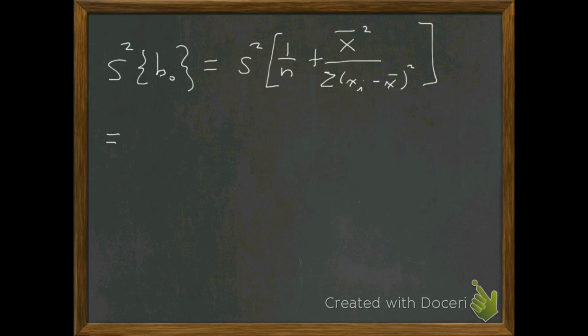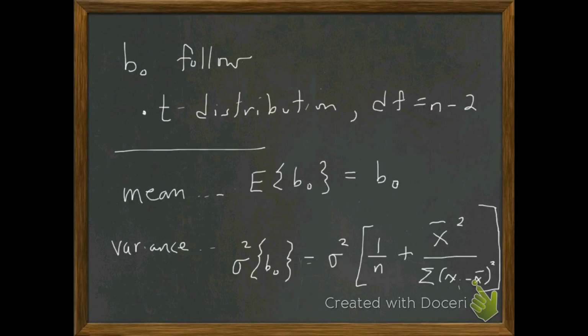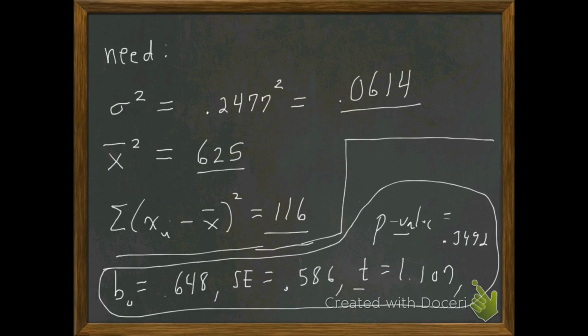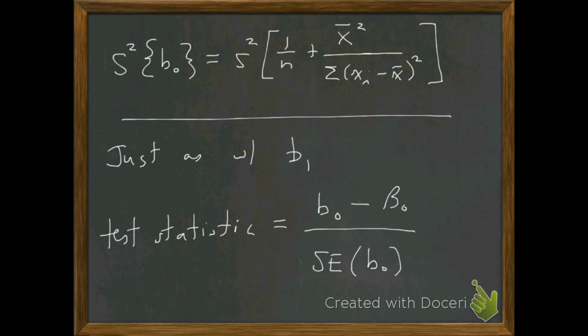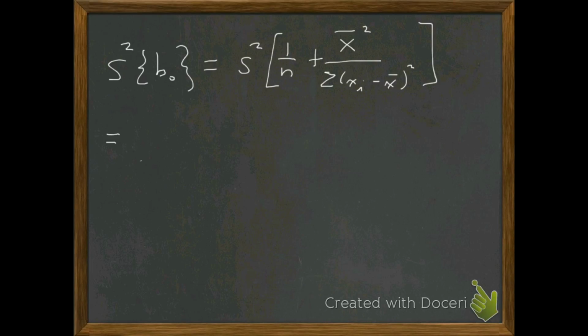Let me go back and get some information. s squared was 0.2477 squared. We have n equal 5.